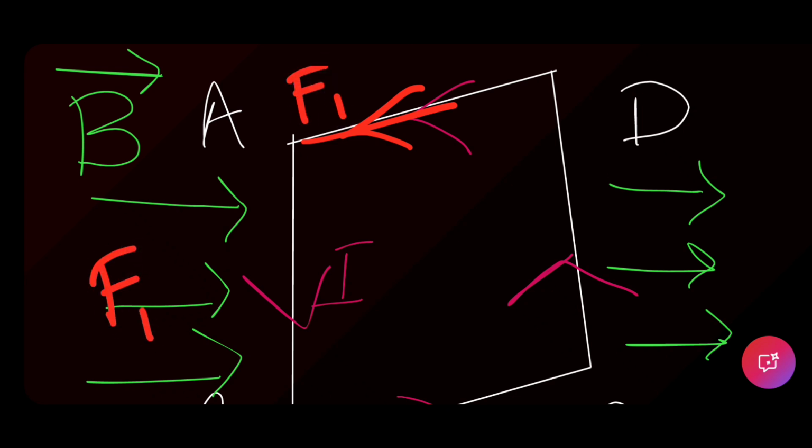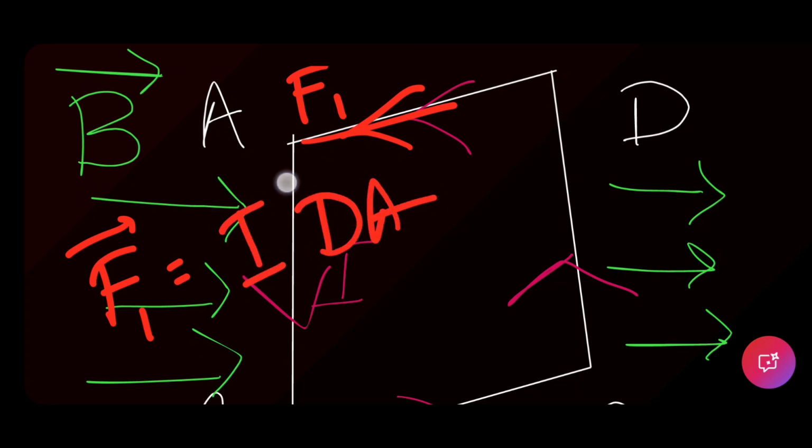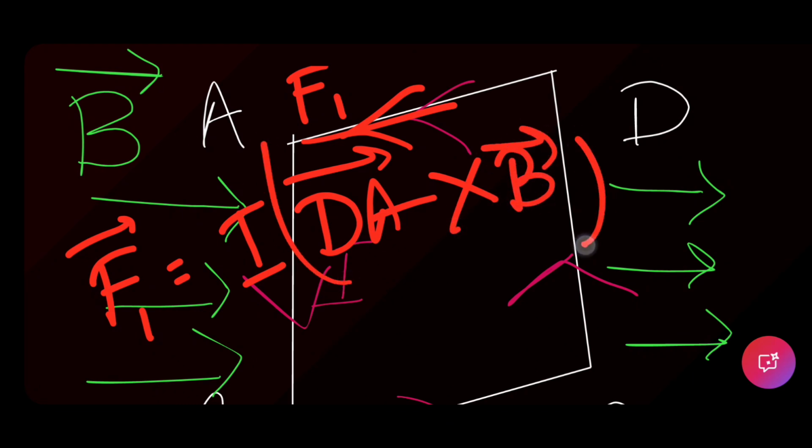So F1 is the current I times DA cross B. This is the amount of the force F1, and this direction DA is along this direction and B is along this direction. DA and B are perpendicular. First, for the simplest case, we consider DA and B perpendicular. Then the force F1 will be in the upward direction.